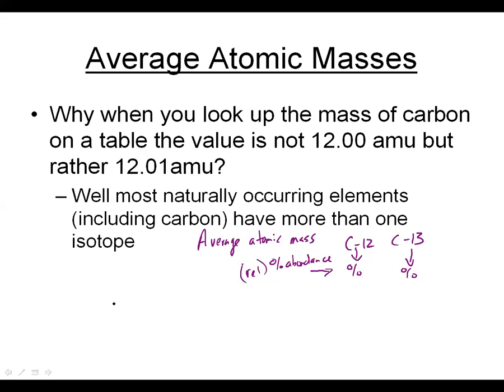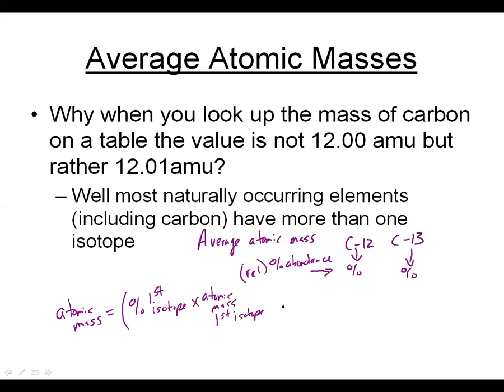And for example, to calculate the atomic mass of a particular element, what you essentially do is you take the percentage of the first isotope and then you times it by the atomic mass of that first isotope.